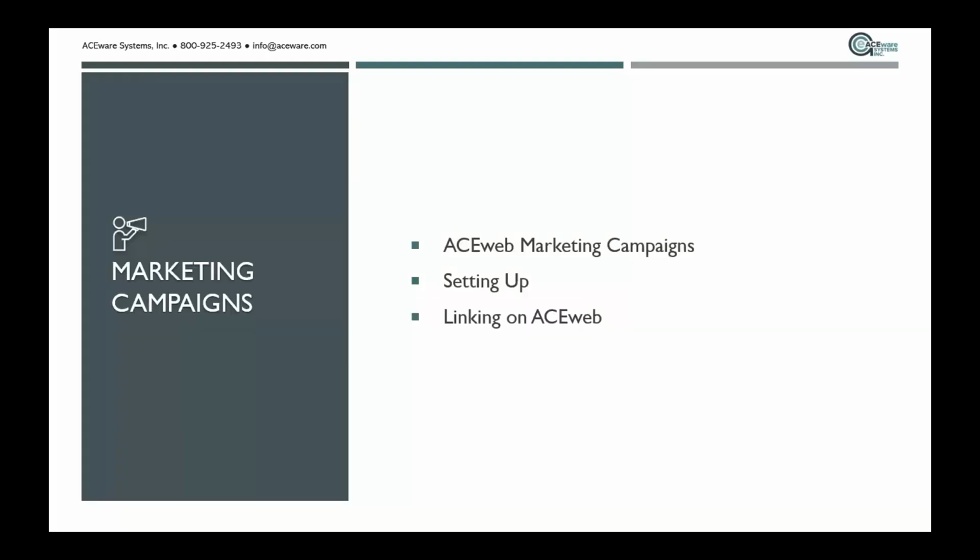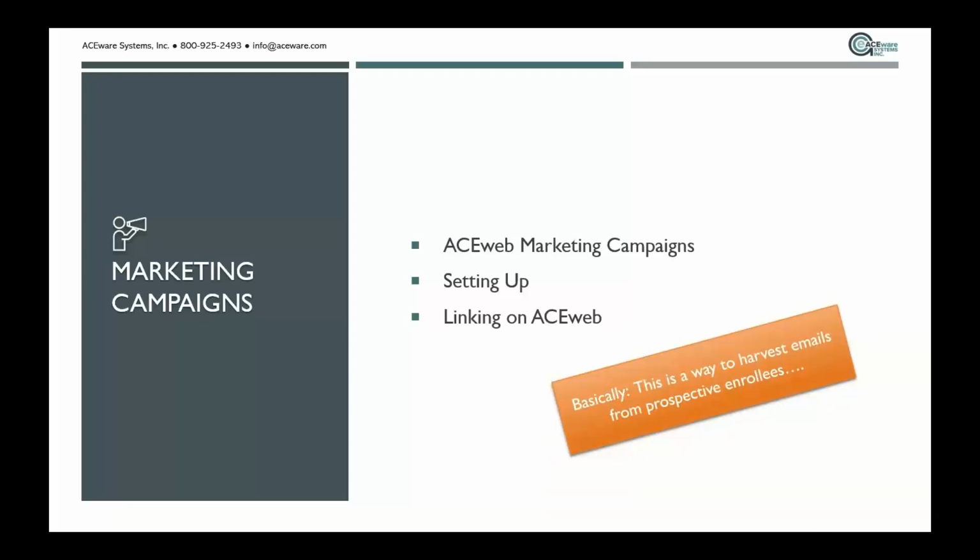Marketing campaigns. All right, we're closing in on some of the final set of tools in Catalog Builder. This is another one that I just don't think a lot of people take advantage of, and I think it has a lot of capability for getting names, emails, and codes on people for programs you might have coming up.